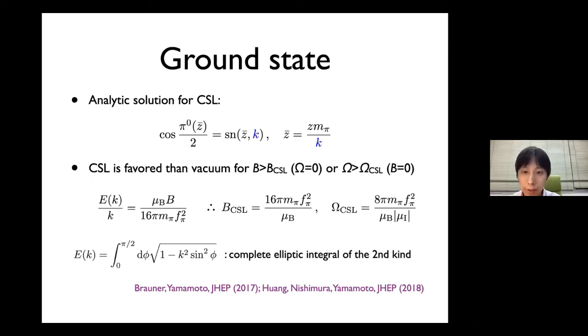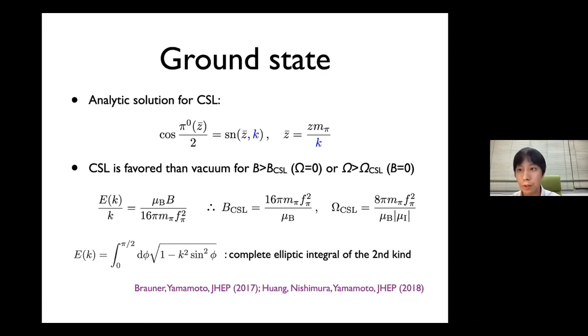Now notice that these critical values are proportional to the pion mass. And the pion mass is finite in our real world because quarks have finite masses. But if we consider a world without quark masses, then the pion mass would also be 0, in which case these critical values would also be 0.